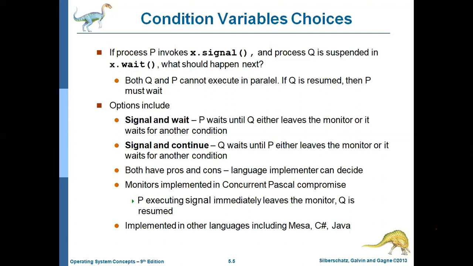Once the execution in that monitor is completed, the signal is passed to P. The next one is signal and continue. Q waits until P either leaves the monitor or it waits for another condition.